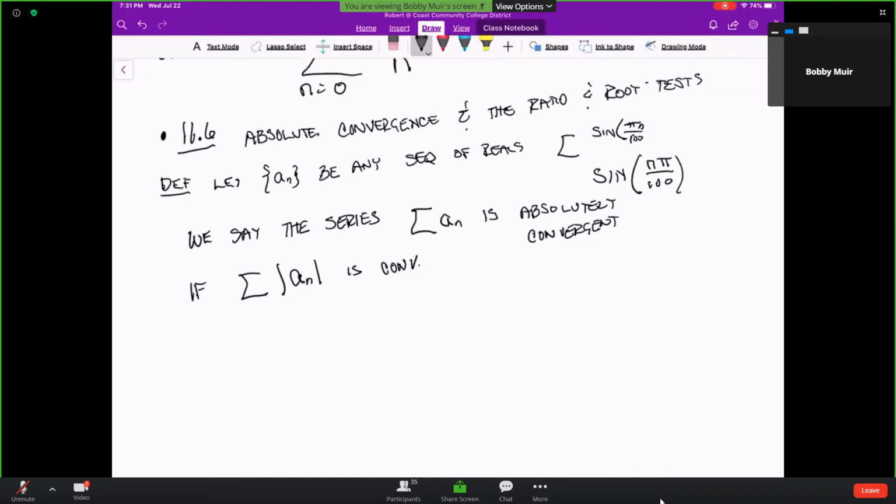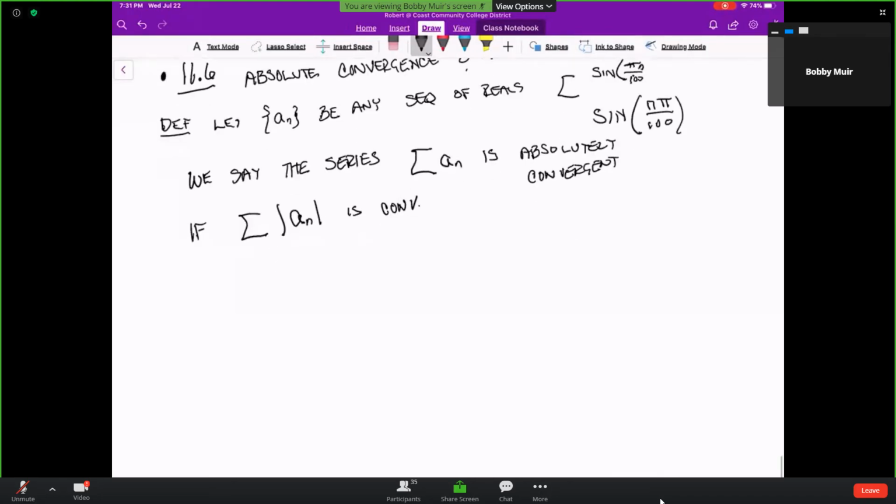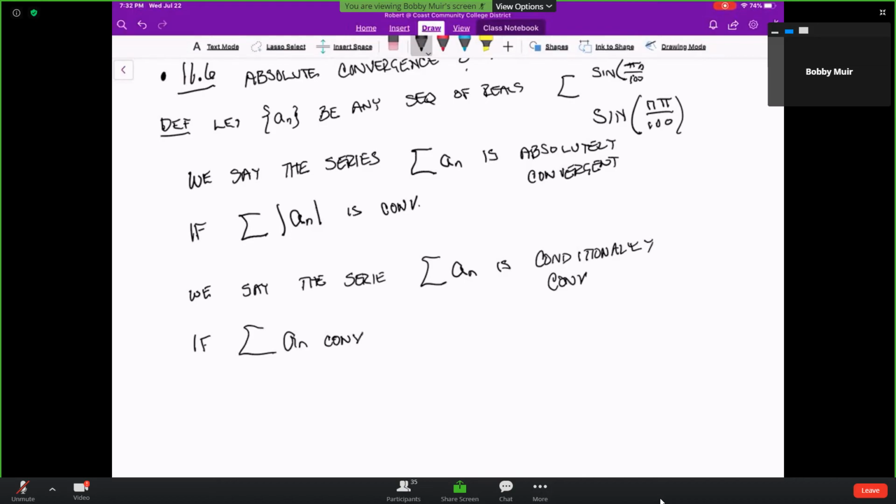So more to the definition. We say the series sum of the ANs is conditionally convergent if the series converges, but when you do the absolute values, it diverges.